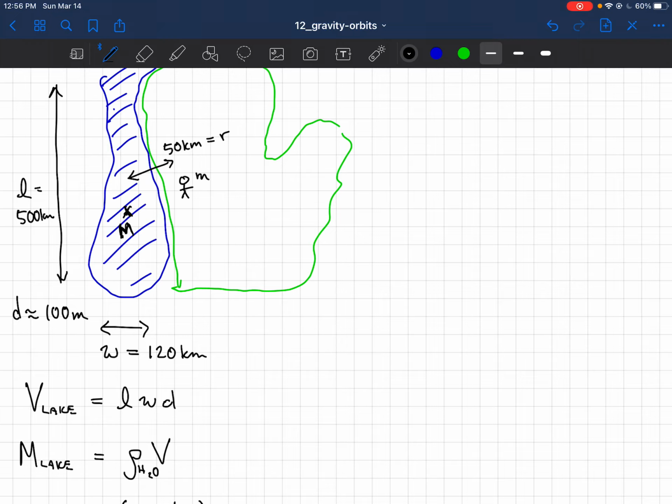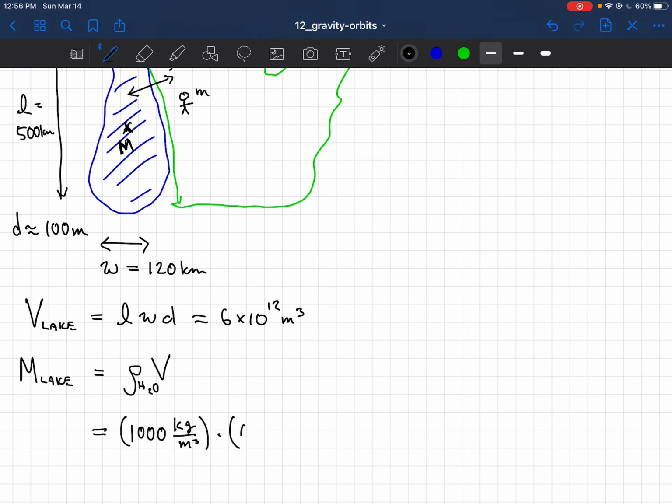So we get a volume of 6 times 10^12 meters cubed. And of course we multiply by 10^3, we get 6 times 10^15 kilograms. Sort of an unimaginably large mass, 10^15 kilograms. That's the mass of the lake.